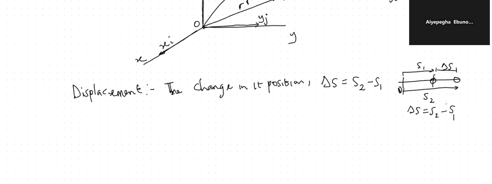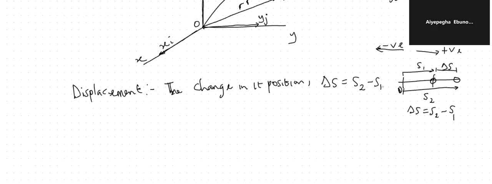Now, you need to understand something again: I defined a coordinate system when I drew the previous diagram. I said towards my right is positive and towards my left is negative. This is very important for any vector at all. If you are solving anything under vectors, you must always define the positive direction. So in this case, my displacement can either be positive or negative, and it depends on the final position of that particle.